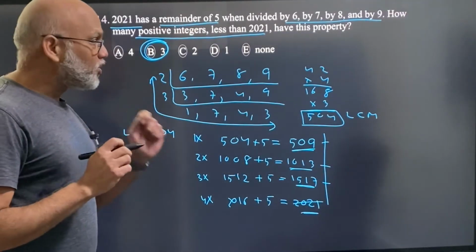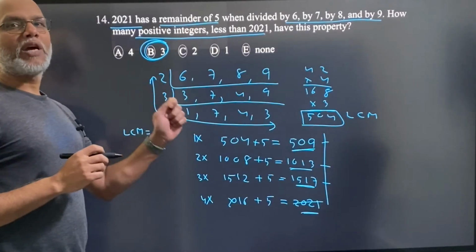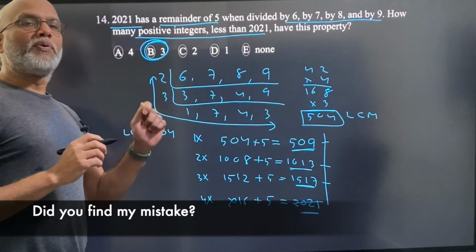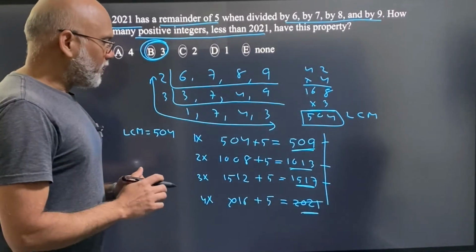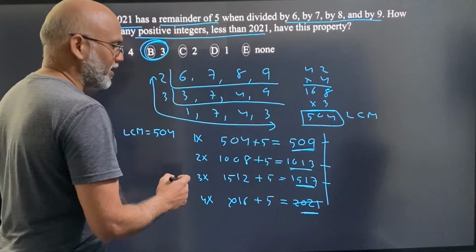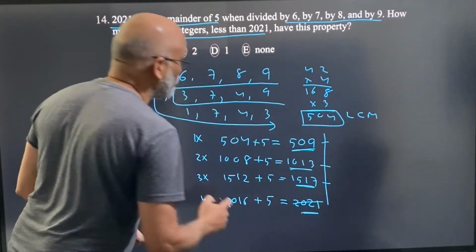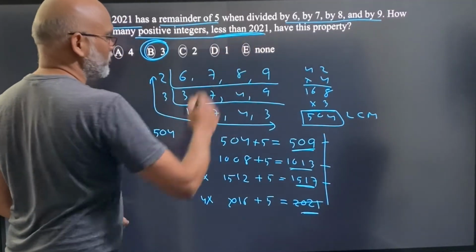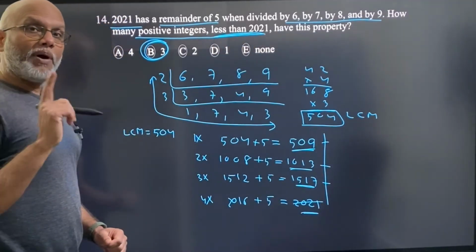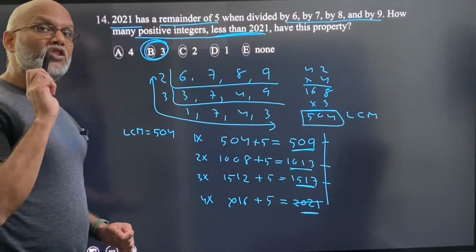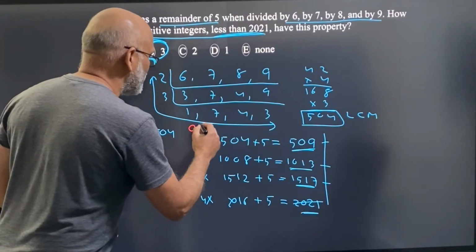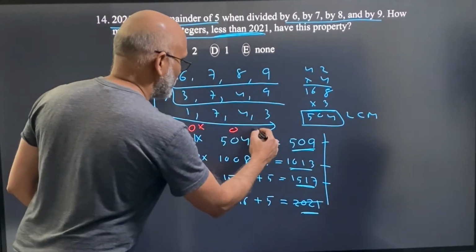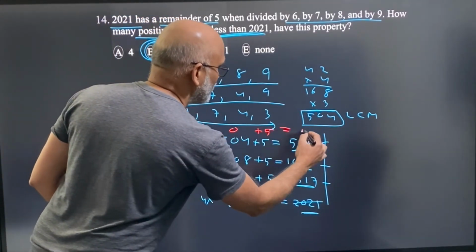Now, this is a good time to pause the video and try to figure out where I went wrong. All right, I hope you were able to figure out my mistake. Now, if you're still thinking I should have counted 2021, no, I cannot count that, right? I need to find the integers that are less than 2021. But I forgot the zeroth multiple, right? The zeroth multiple of the LCM is going to be 0, and I add 5 to that, giving 5.